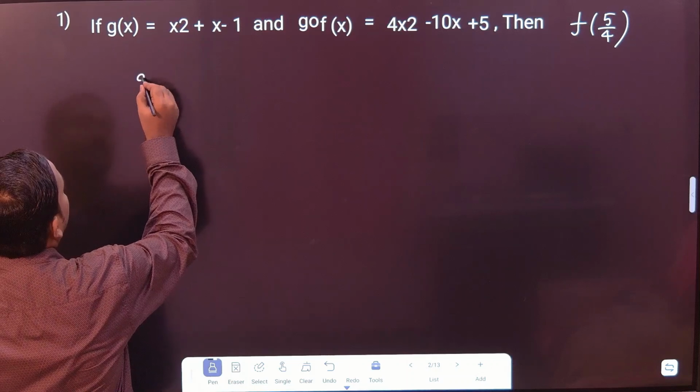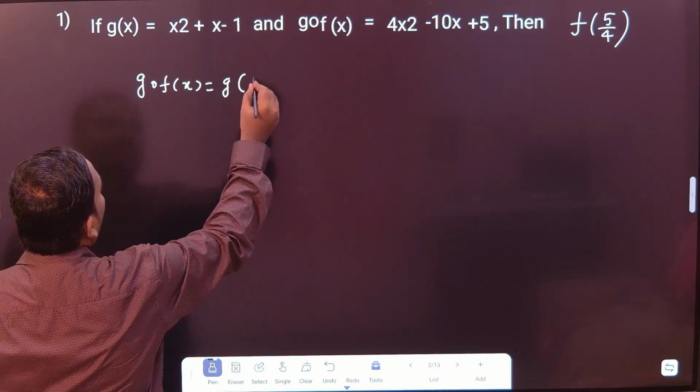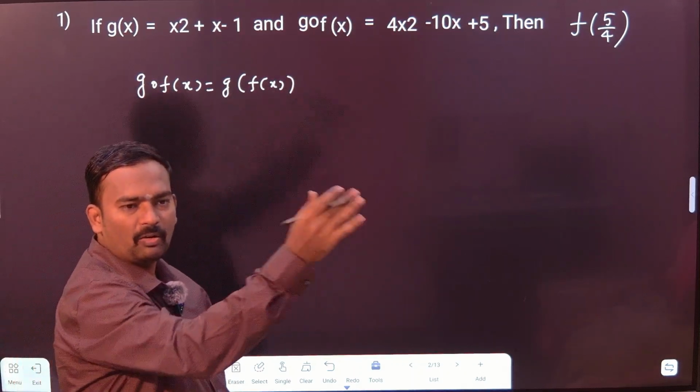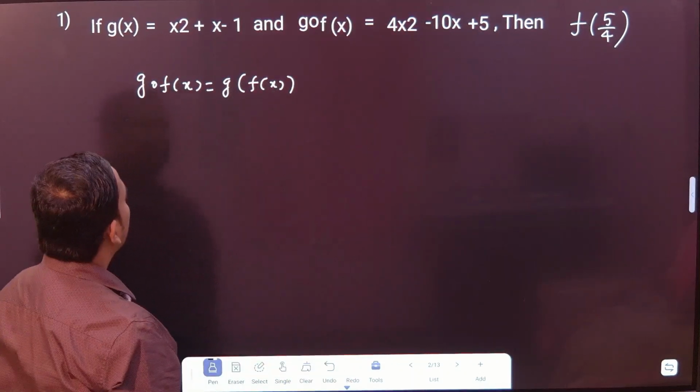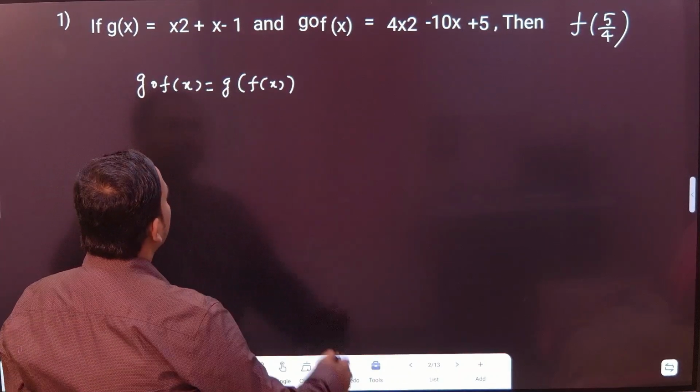So you can see g composition f of x. What is the meaning? g of f of x, right? That means you apply g on f of x, right? Okay, that means f of x is the input of g, right?